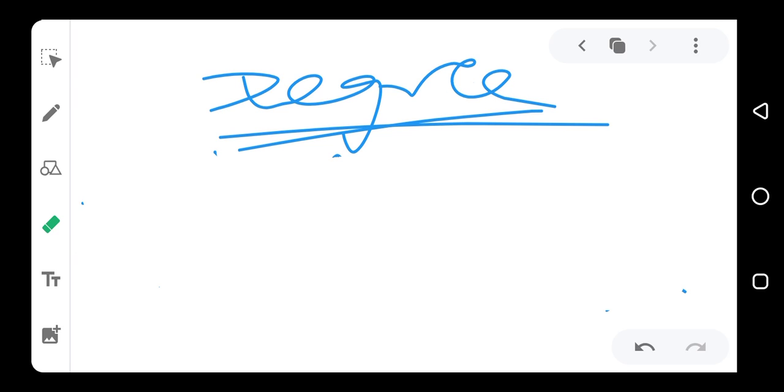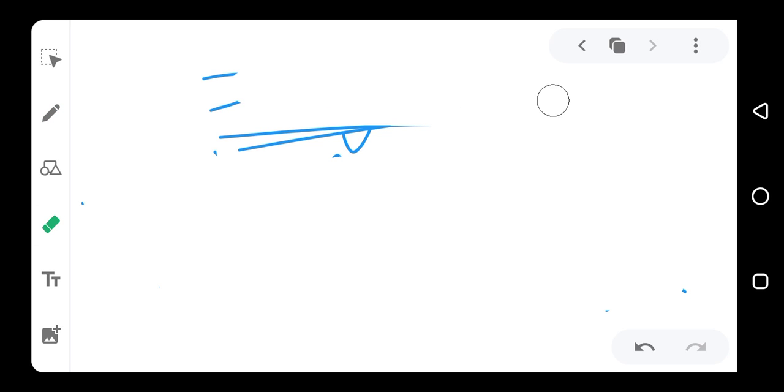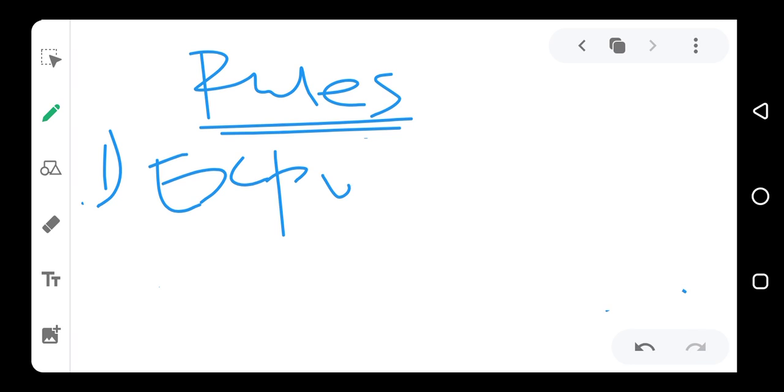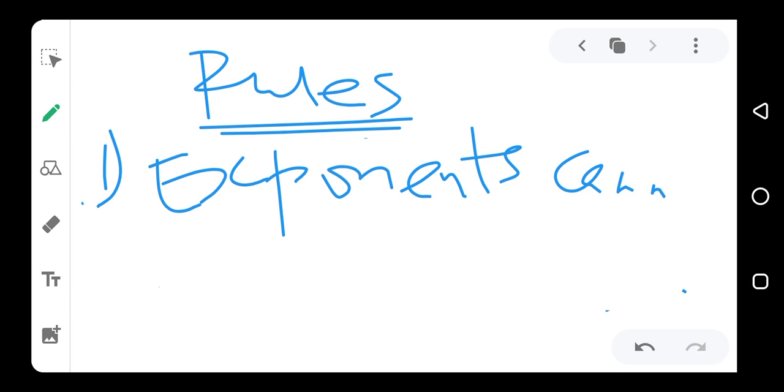Rule 1: exponents of a polynomial cannot be negative.